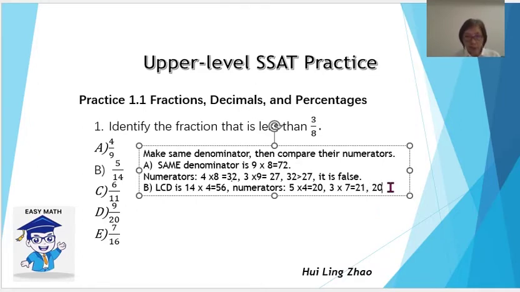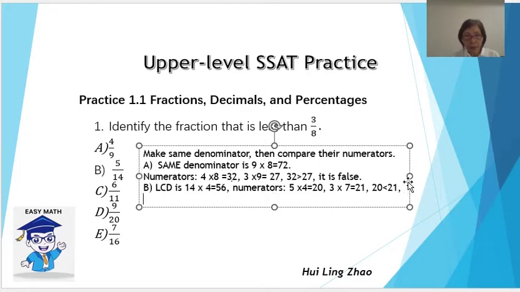And 20 is less than 21, correct? So that means 5 over 14 is less than 3 over 8. 5 over 14 is less than 3 over 8, right? So that means it is true, correct? That means the answer is B, right?